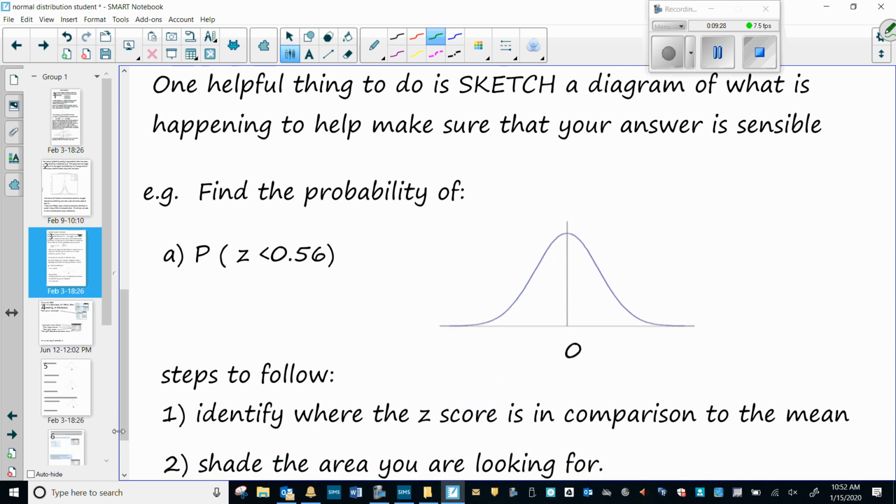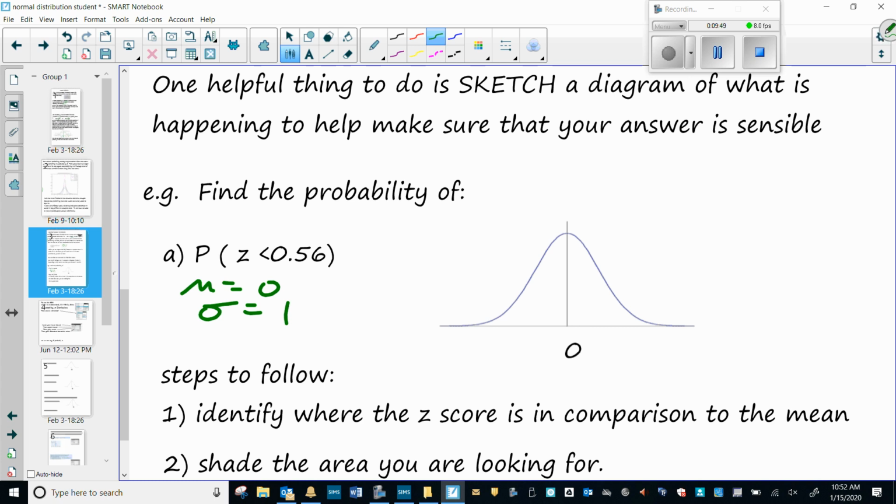Alright, here we go. So we're trying to find the probability of Z. As soon as we've seen Z, we know that our mean is 0 and our standard deviation is 1. Okay, so we know that information because we saw Z. We're trying to find the probability that Z is less than 0.56.